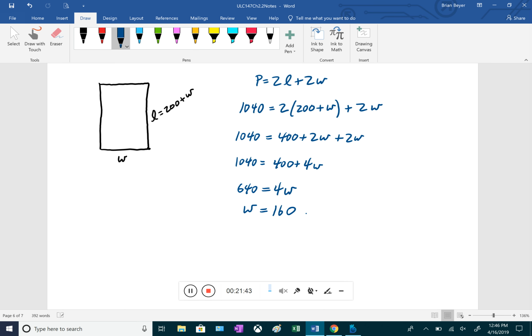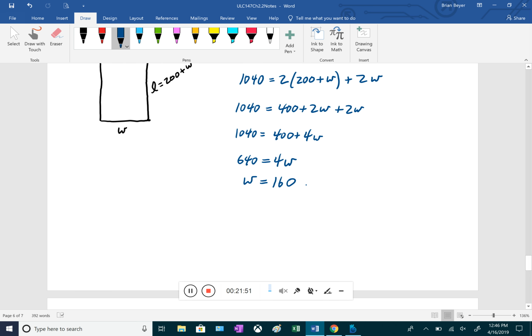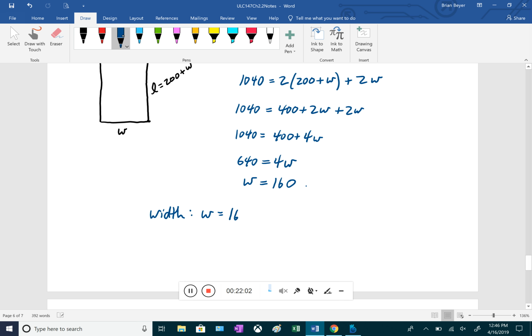So making sure we're answering the question, we're looking for the length and the width. That was just the width. So we have the width is 160 feet.